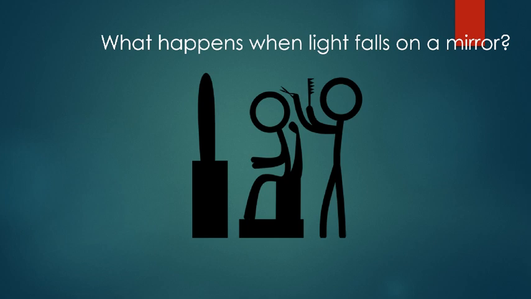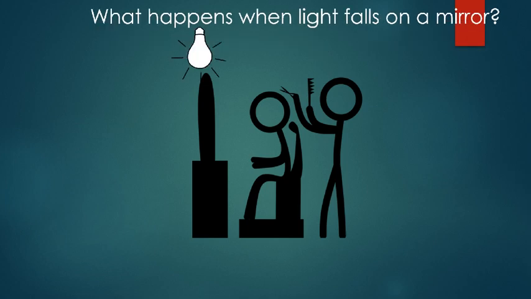If you go to a salon for a haircut, you will find the light which is just above the head will fall on our face, our body, and then it will be reflected back, right? And this is what the mirror shows.